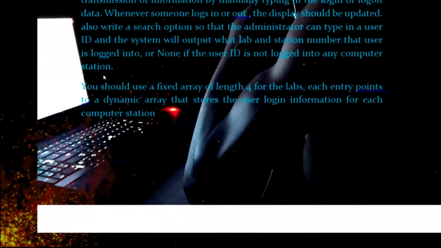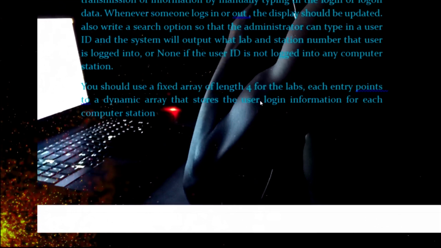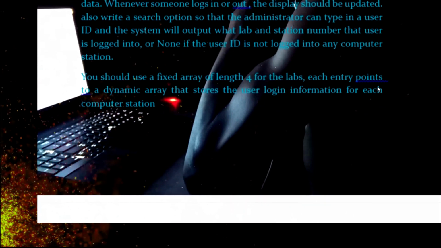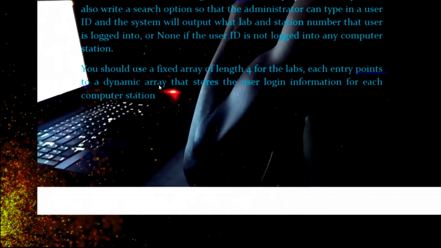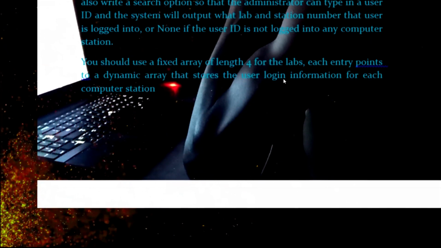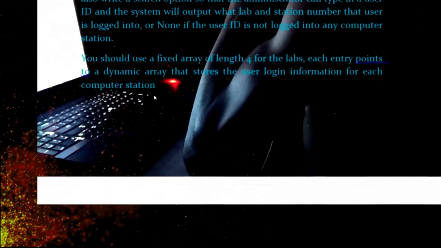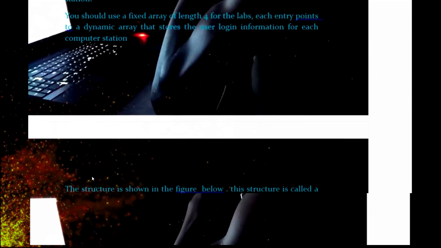You should use a fixed array of length 7 for the labs. Each entry points to a dynamic array that stores the user login information for each computer station. The structure is shown in the figure below.